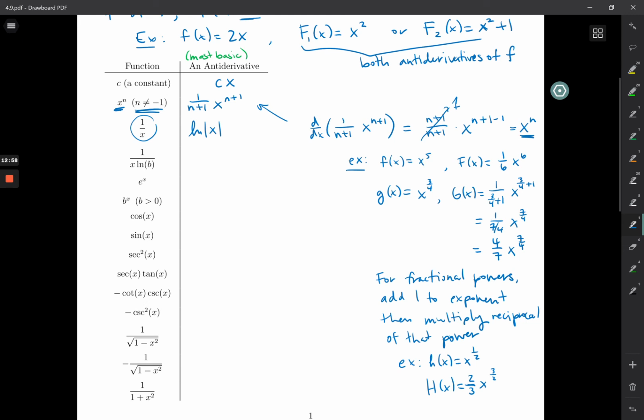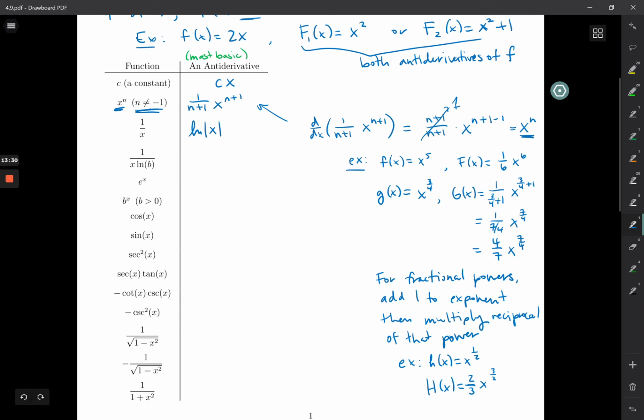This function has a larger domain than just the regular natural log, because this one is also defined on the negative half of the real line, right? So the reason why we always do this is because this will have the same domain as 1 over x. We really want to use natural log of the absolute value of x, so don't forget that has to be on there.